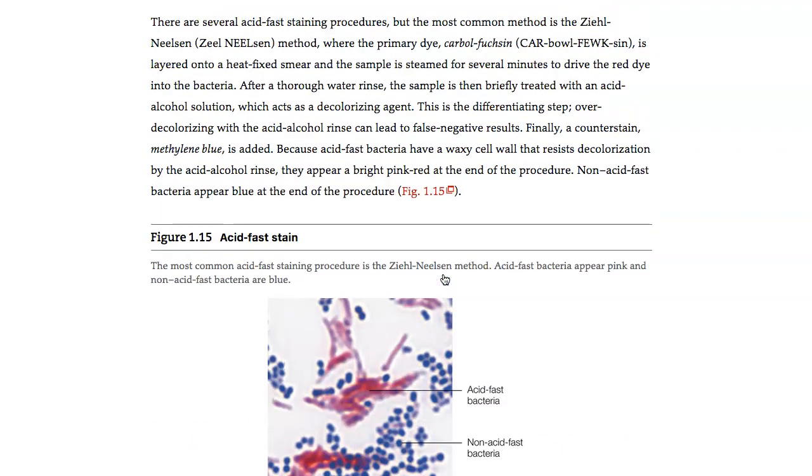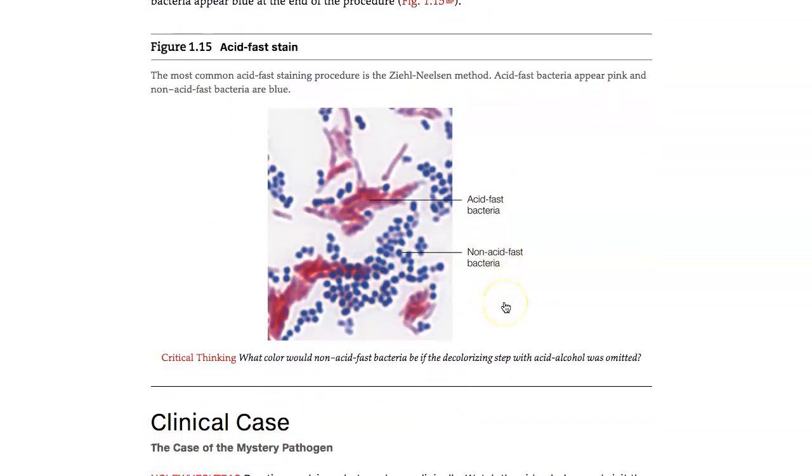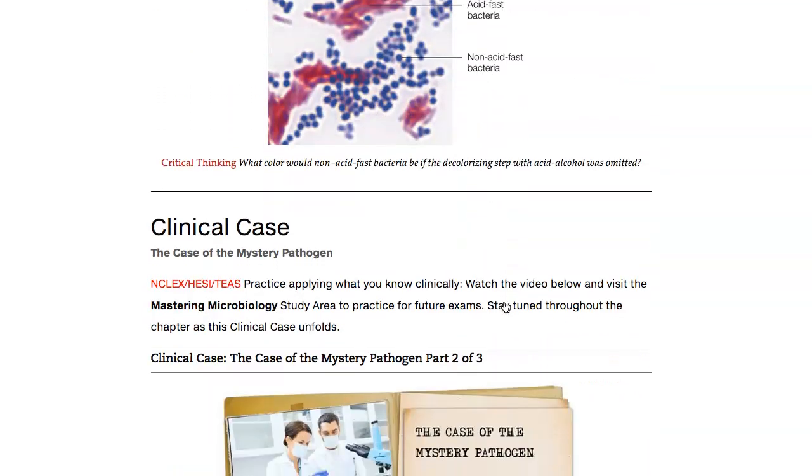So this is a very important distinction that's made, and the actual primary dye is called carbol fuchsin, and the red dye will be decolorized unless the mycolic acid is present. And methylene blue serves as a counterstain in this case.